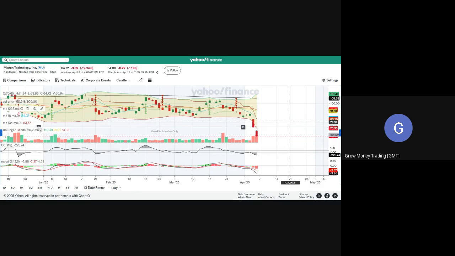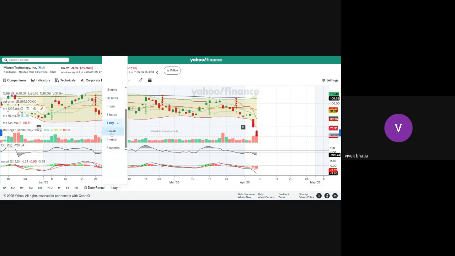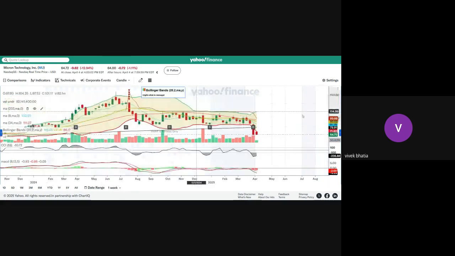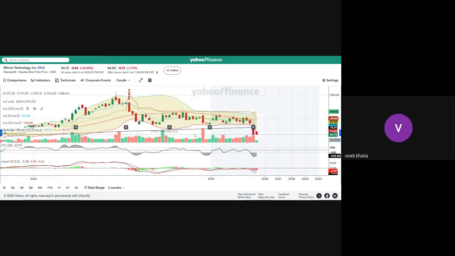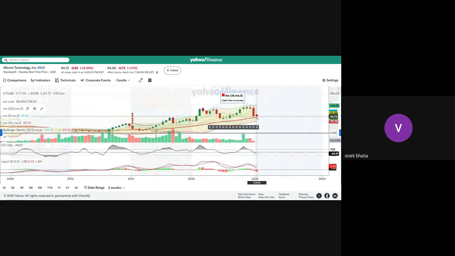Aditya, how about weekly? I think monthly would be an easier chart to check, or quarterly, to correlate for a support level. Right. Your supports are very clearly identified here. The super trend level, Aditya, what's the price level? 56?